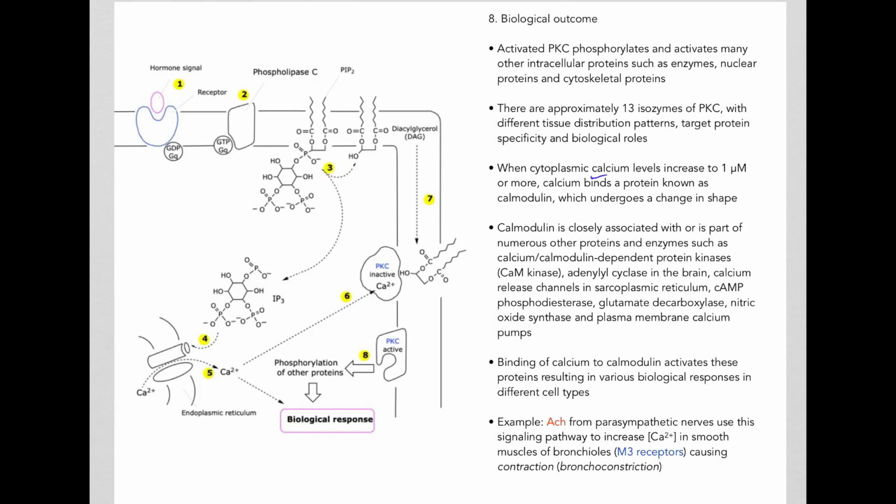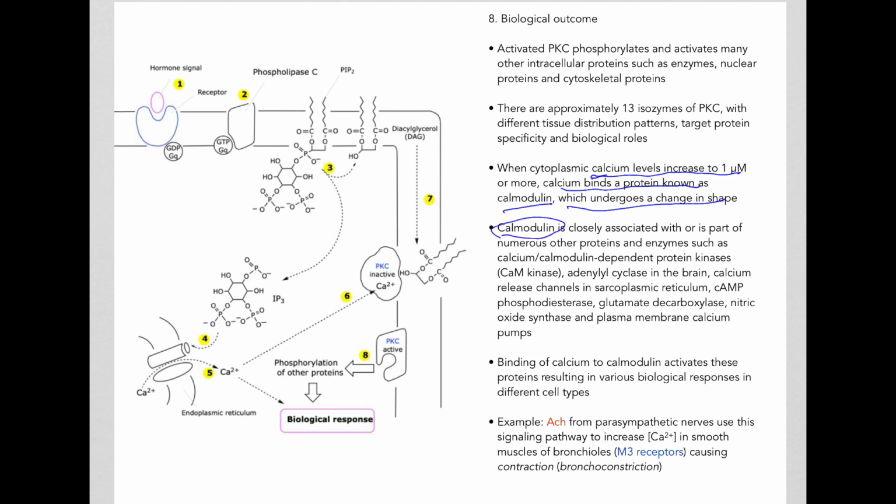Now, as calcium levels increase in the cytoplasm, the calcium will also bind a protein known as calmodulin, and this calmodulin will then undergo a change in shape.